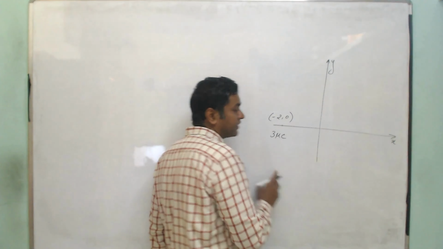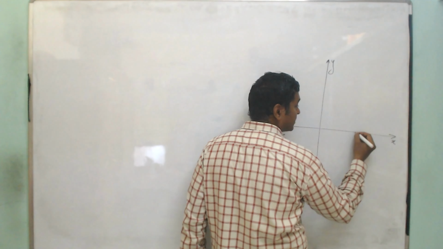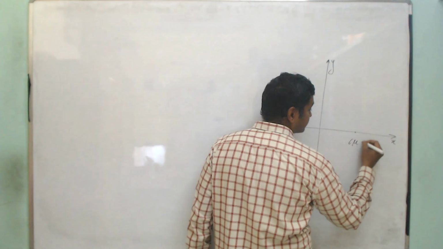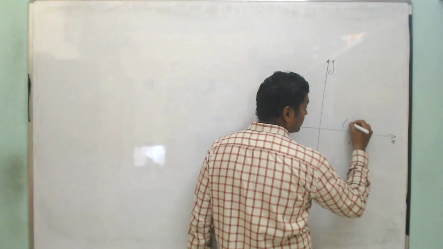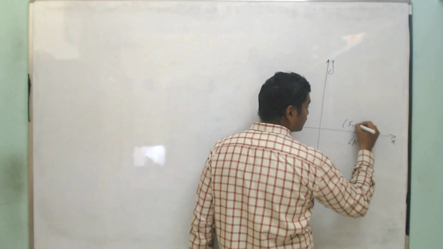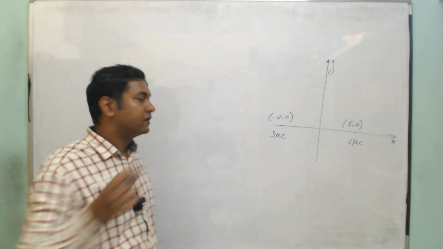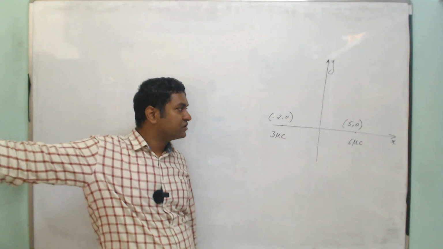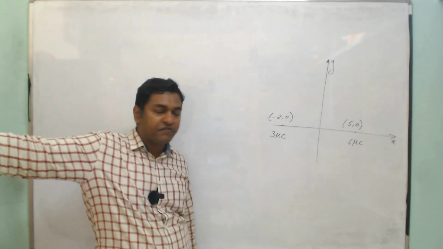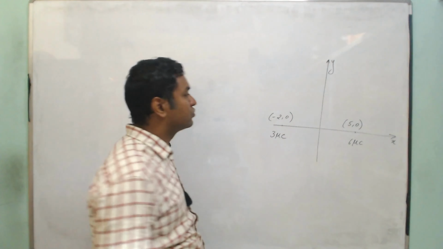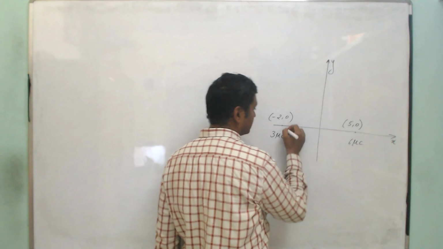Now find the work done to bring a charge of 6 microcoulomb to a point 5 comma 0 from infinity. Find the work done in bringing a charge from infinity to the point 5 comma 0.